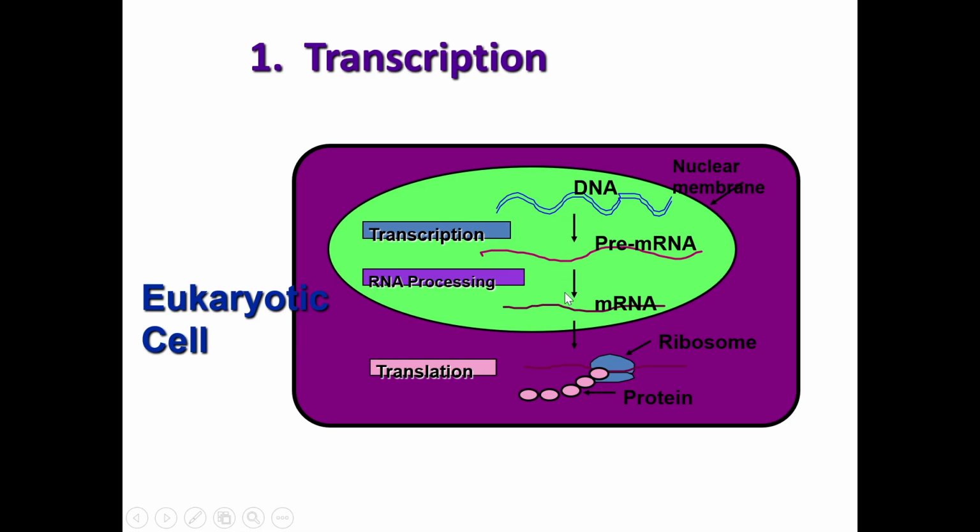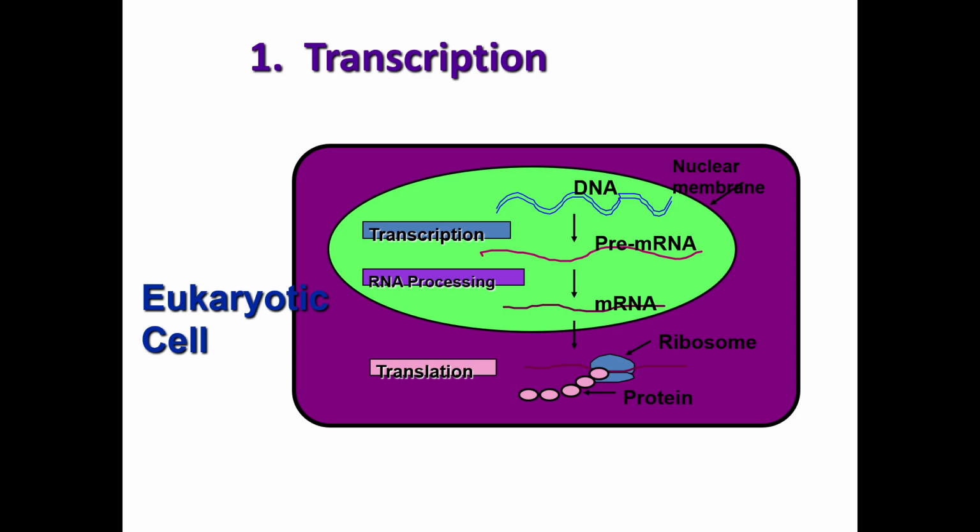Right? The genetic information contained in a segment of DNA is transcribed into RNA molecule by a process known as transcription. See, during transcription, what happens? An enzyme system converts the genetic information of a segment of DNA into an RNA strand with the base sequence complementary to one of the DNA strand.